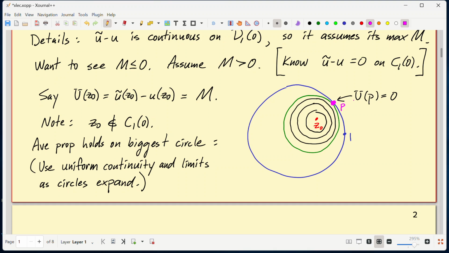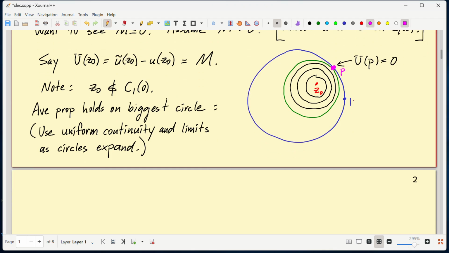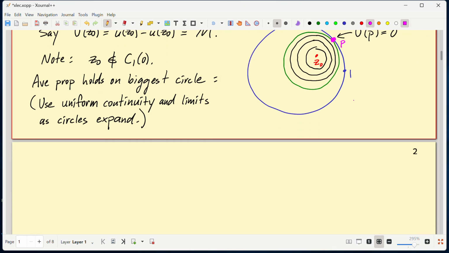So that means it definitely gets less than M at some point. So we know that U is less than or equal to M on the green circle, which I should call something. What should I call it? C max. So U is less than or equal to M on C max, and 0 at P.